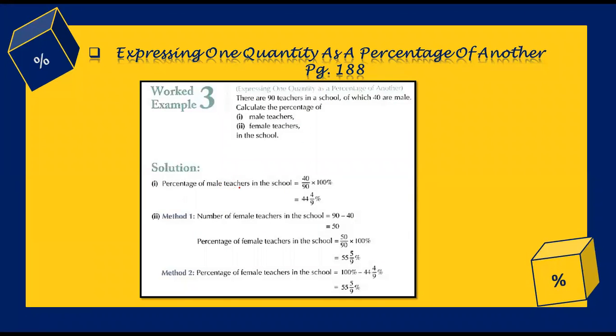तो परसेंटेज ऑफ द मेल टीचर इन द स्कूल इज 40 मेल्स हैं और 90 टोटल टीचर. तो 40 अपॉन 90 मल्टीप्लाई बाय 100. 0 से 0 कैंसिल. 4 upon 9 multiplied by 100%. 4 multiplied by 100 is 400%, divided by 9. So 400 divided by 9. 9 4s are 36.